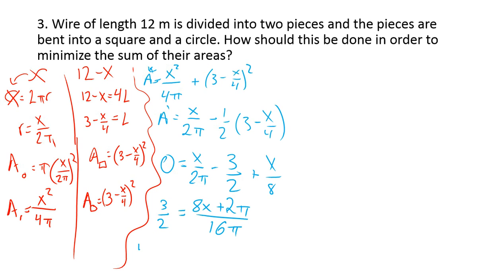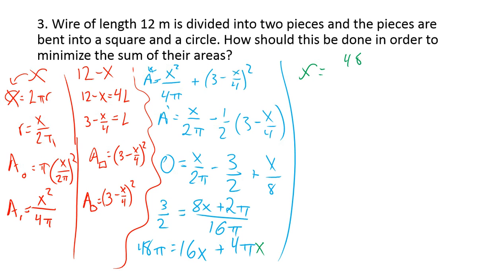Cross multiply everything. 48 pi is equal to 16x plus 4 pi x, which gets us x is equal to 48 pi all over 16 plus 4 pi, which reduces down to x equals 12 pi all over 4 plus pi.